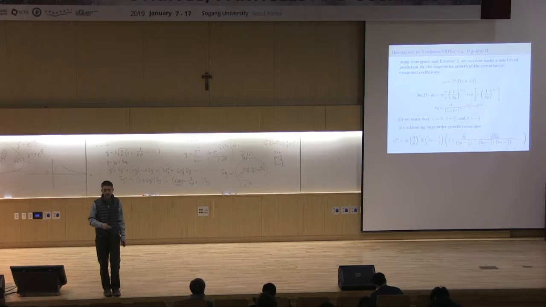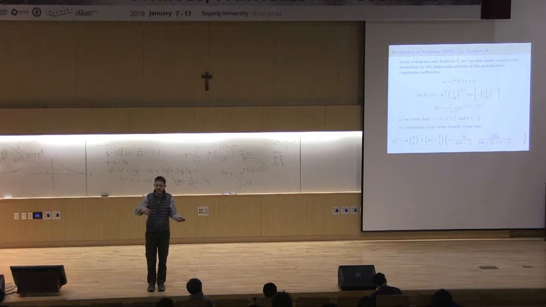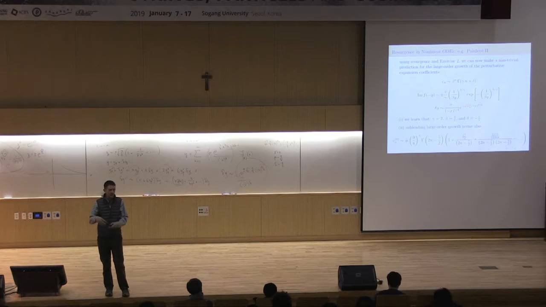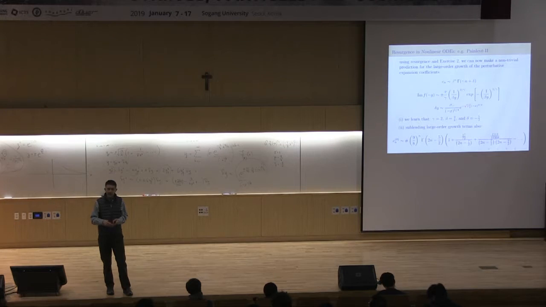Okay? So message, I gave you some examples of this low order, large order relation, and you might have been suspicious that this was just some weird feature of these simple linear equations like Airy functions and hypergeometric functions and whatever. You might have thought that there was just something special about these very simple linear equations and there's no way it will apply to more complicated problems.